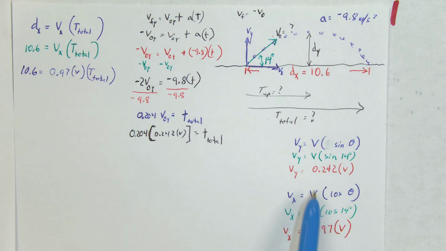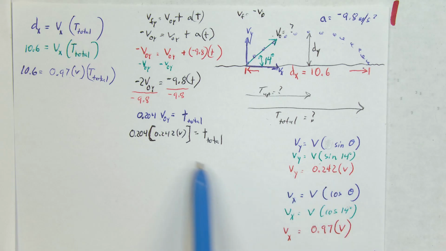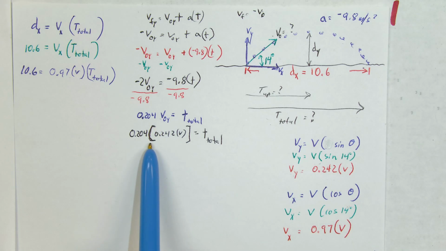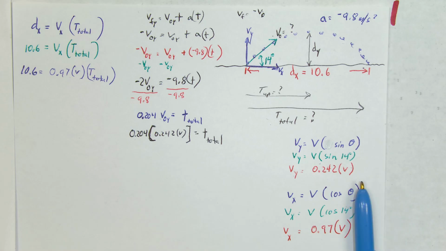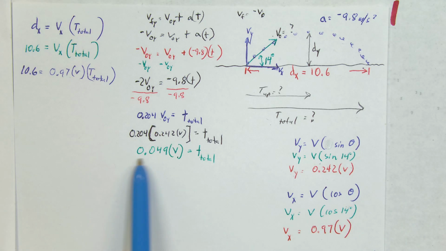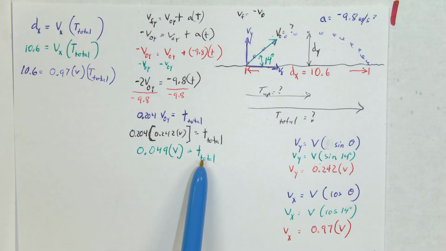All I did here was take this thing right here, 0.242v, and stick it in place of that. So you see the ugly brackets, and that's that. We can simplify this down as we work through this. And so we would find 0.049v is equal to t total.